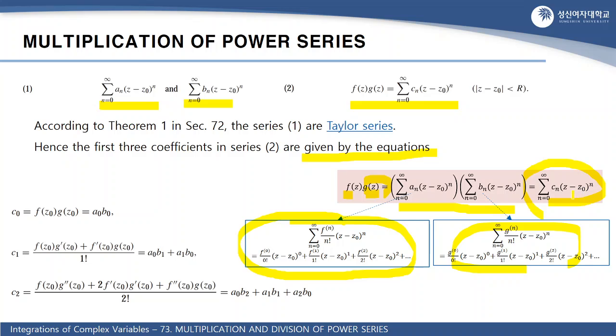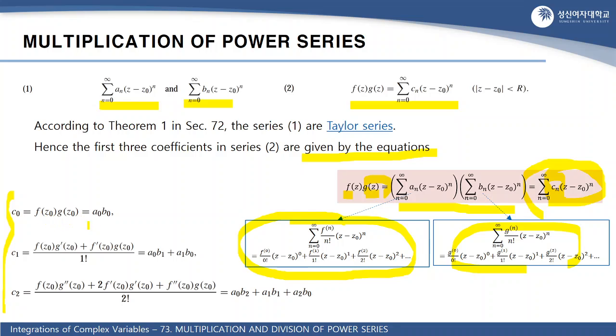Here c_n represents the coefficient of the Taylor series for the product of f(z) and g(z). c_n can be computed like this. For example, c_0 is equal to f(z_0) times g(z_0).